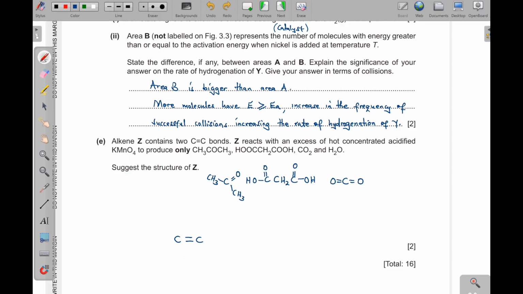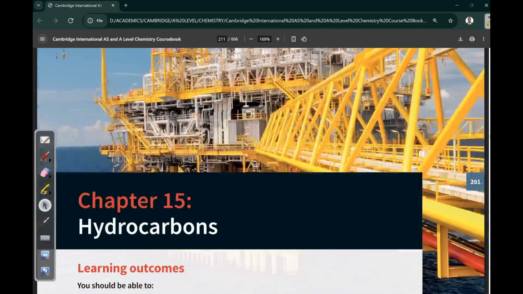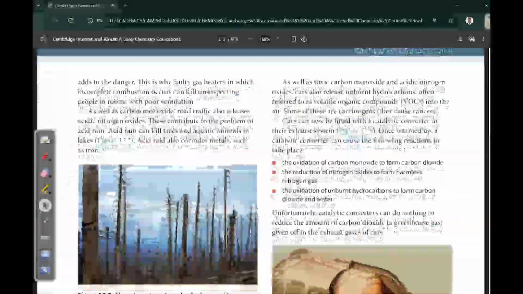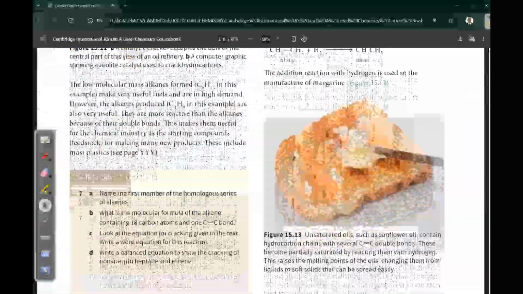Now, if I take you through this book here, see what happens. If we check hydrocarbons, that is chapter 15 here. Hydrocarbons. We see oxidation of alkenes. It has to be an oxidation of alkenes. So slowly, these are alkenes.